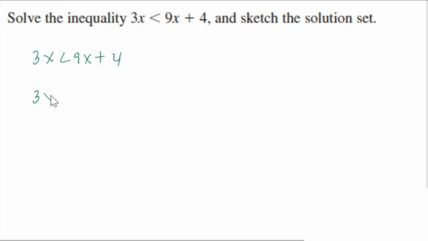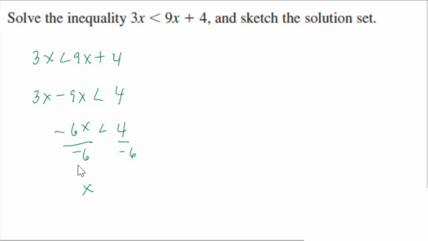Therefore we have 3x minus 9x less than 4. So 3x minus 9x is negative 6x less than 4. So to solve for x, we have to divide both sides by negative 6. And then this will become x.